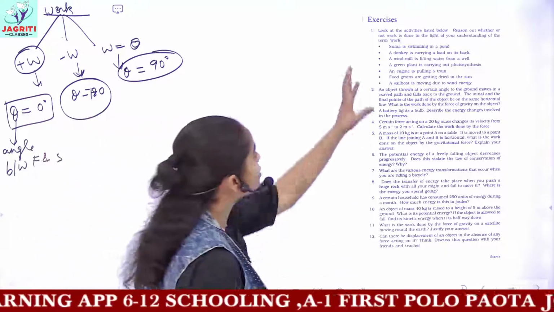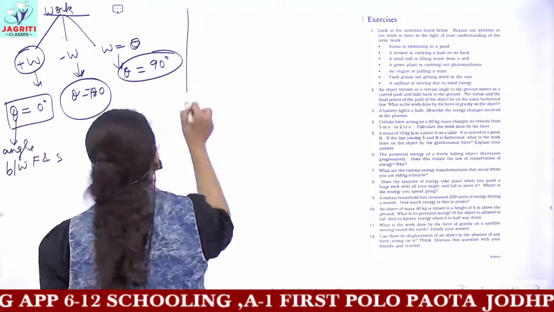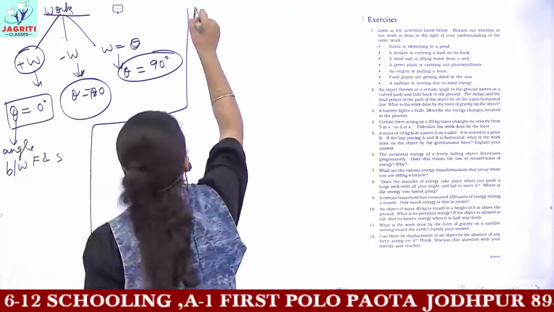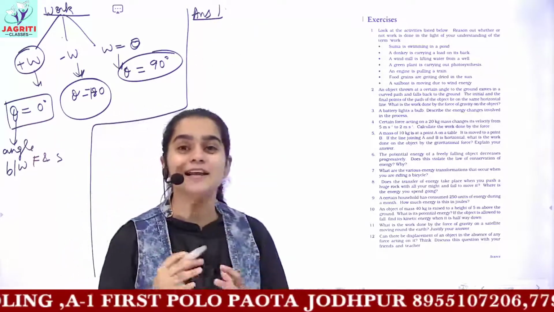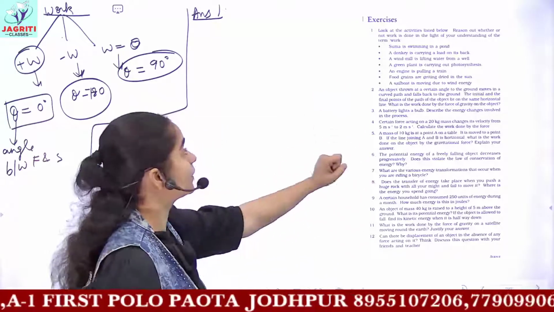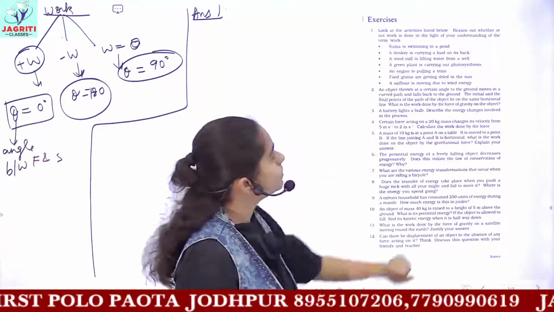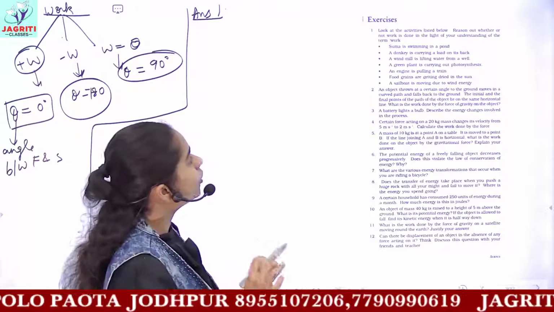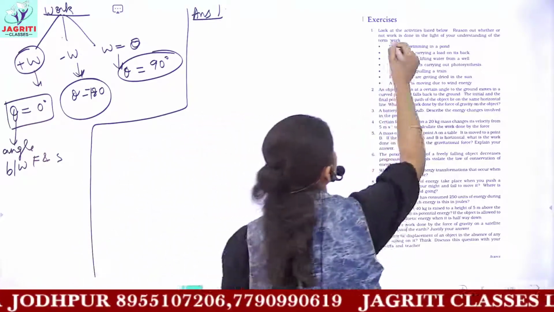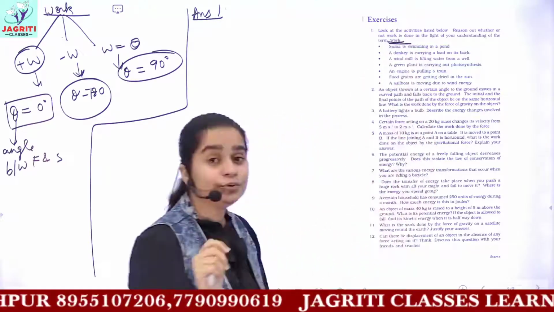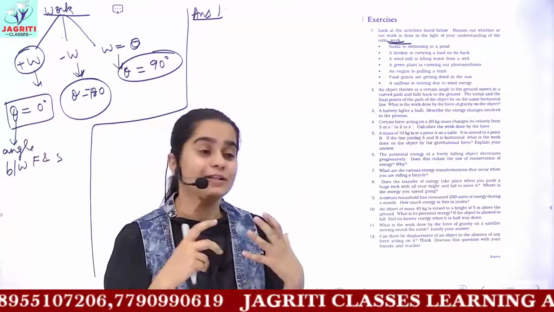Now see, the first question which we have in front of us is based on the concept of work, and if you have understood the concept really well, you will be easily able to solve it. Look at the activities listed below. Reason out whether or not work is done in the light of your understanding of the term work. It means you have to think from the concept of physics.